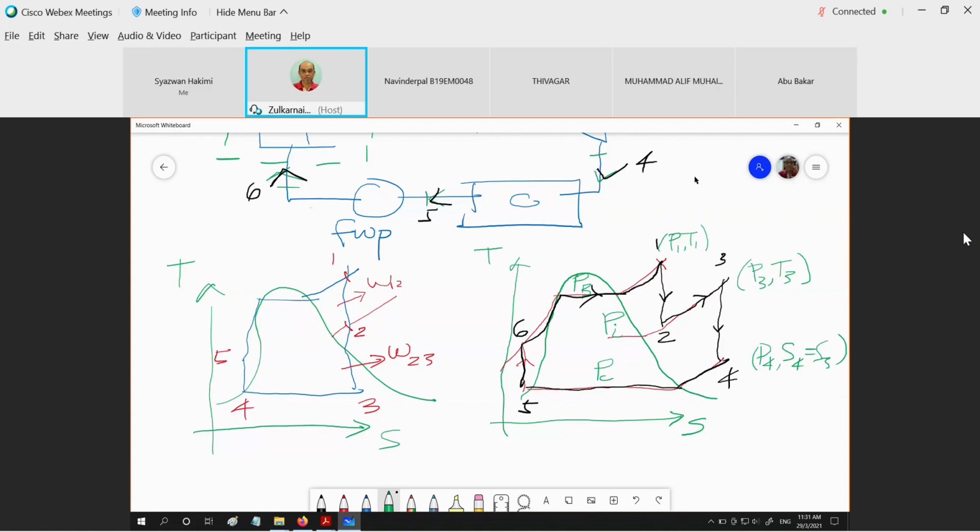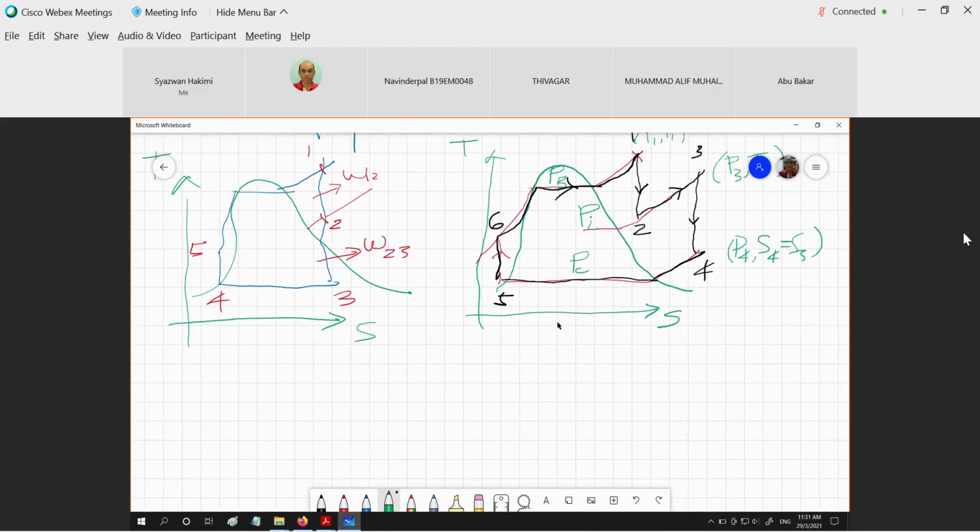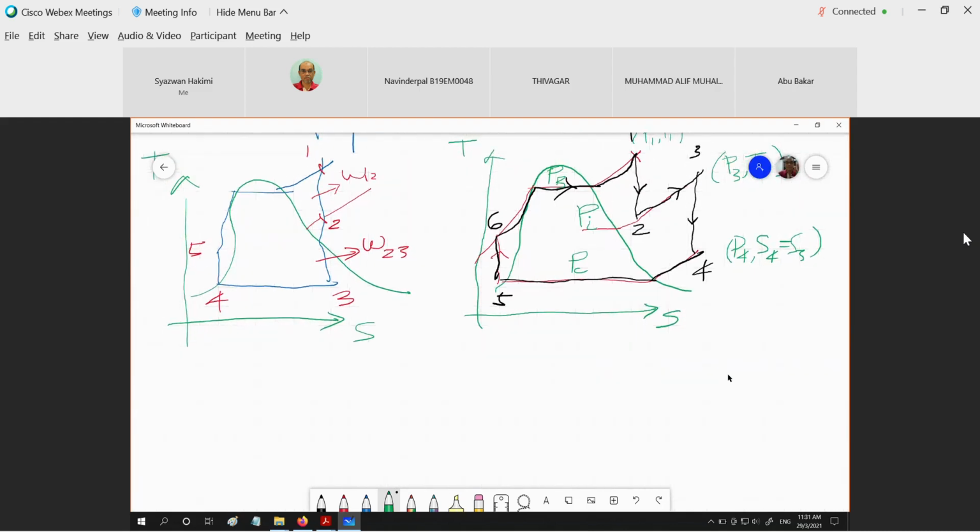Okay? The purpose of Rankine with superheated vapor is to increase the work output. The purpose of Rankine multistage plus reheat is also to increase the work output. Right. What do you think in terms of the thermal efficiency? What is the formula of thermal efficiency? So we are looking at multi-stage and reheat right now.